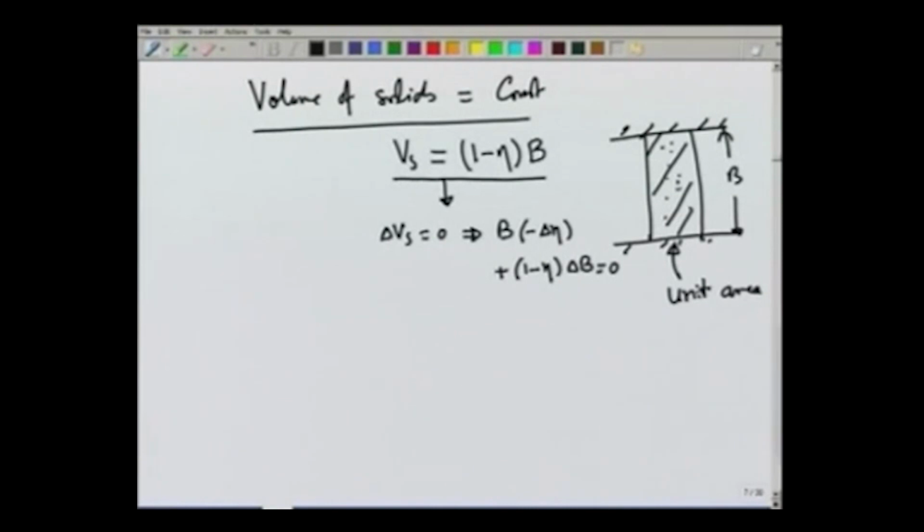So, from here we can obtain delta eta, which is the change in porosity. We can relate it with change in the formation thickness B.